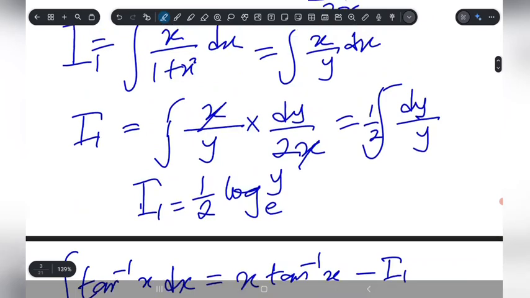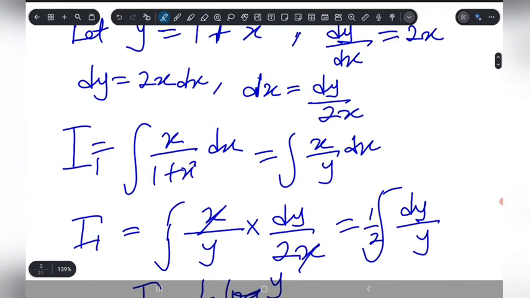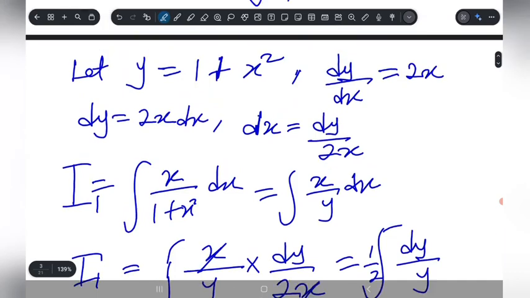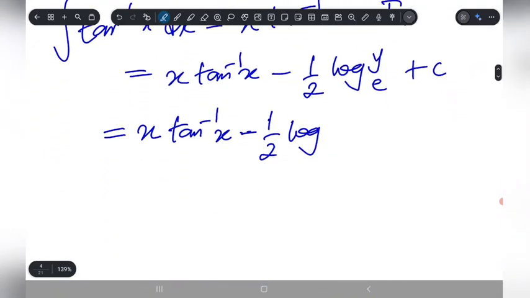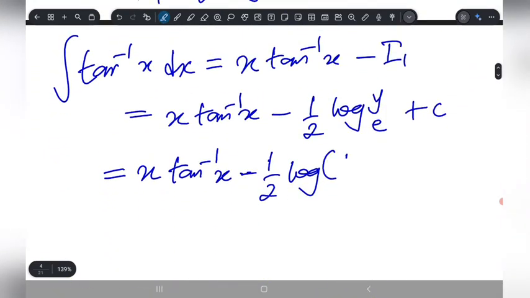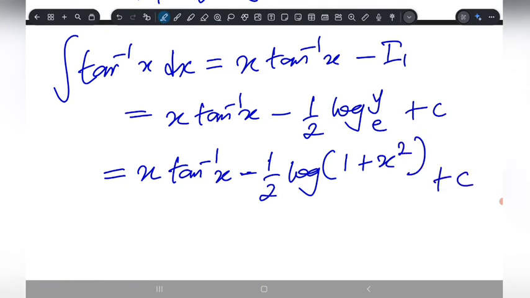The value of y is 1 plus x squared, so we write that in. Therefore, plus c. This is the final value of the integral of arctan x dx.